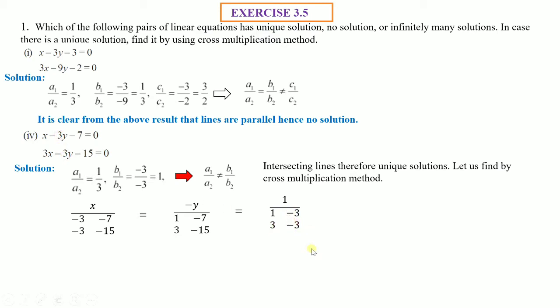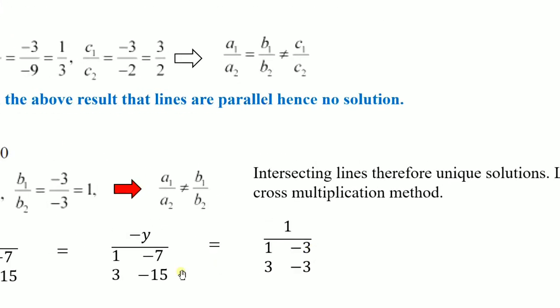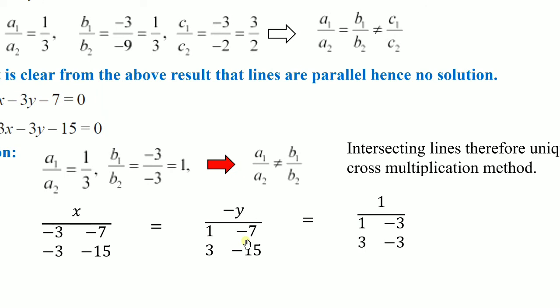Now in this case, what we are going to do here, x upon, as I told you, when you are multiplying downward this way, cross multiplication, then whatever signs are available, you will be simply multiplying.